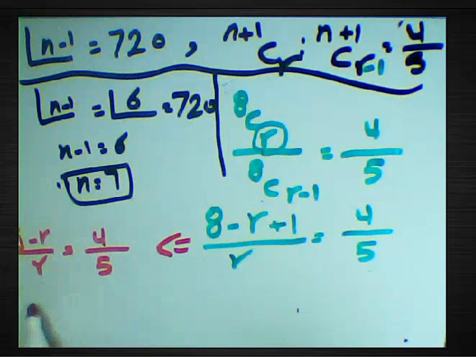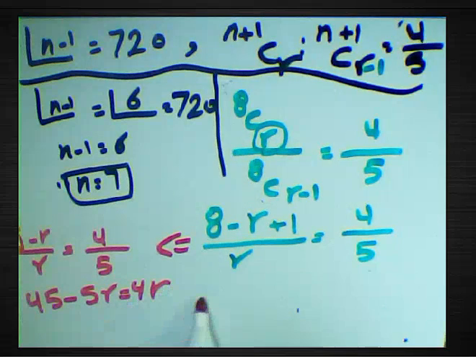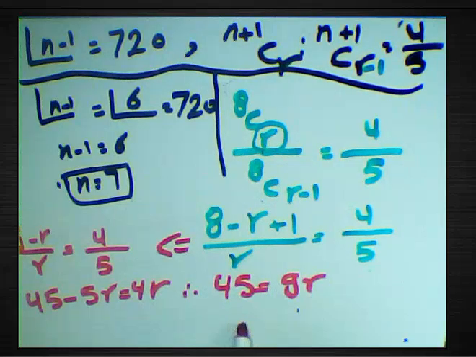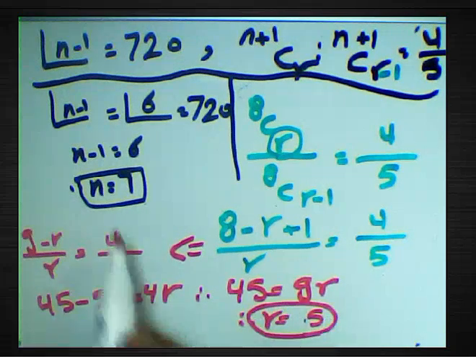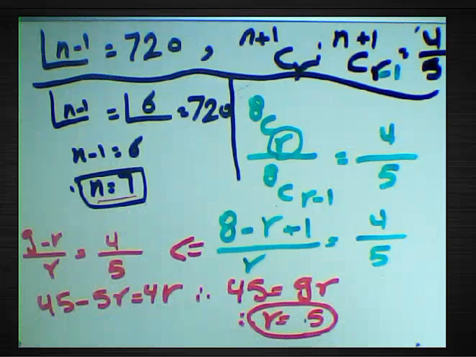Then 5 times 9 equals 45, minus 5r equals 4r. Then 45 equals 9r, and r equals 45 divided by 9 equals 5. Then r equals 5 and n equals 7 for this example.